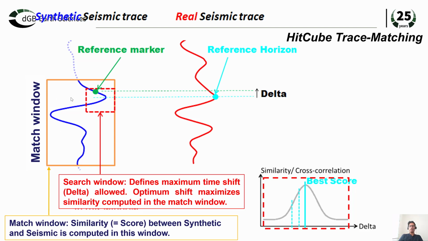This is a trace by trace matching process and results in volumes of rock properties such as porosity, lithology, saturation, acoustic impedance, and associated uncertainties from a direct inversion of seismic data. We support post-stack, pre-stack, and EEI type of workflows in this case.